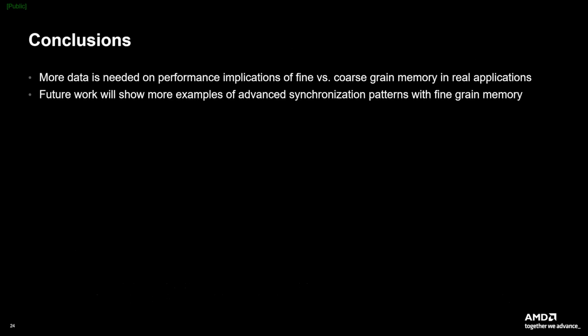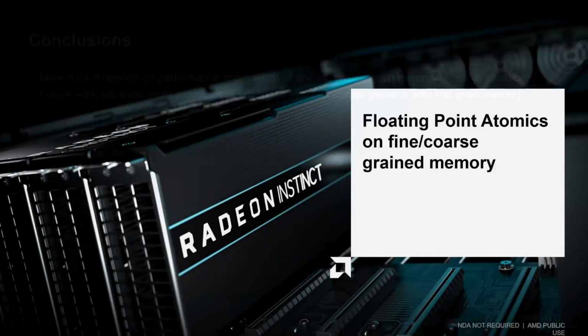How to use this is still in active development, and we'll have more material on that in the future of how to use this to your advantage. Right now, I'm going to talk about atomics and how they interact with this fine and coarse grained memory.